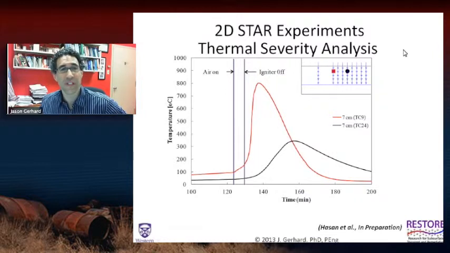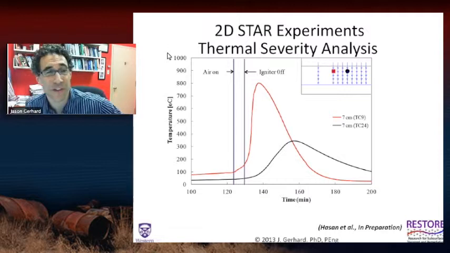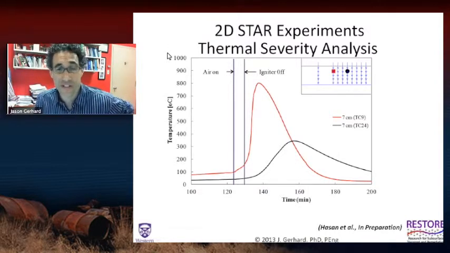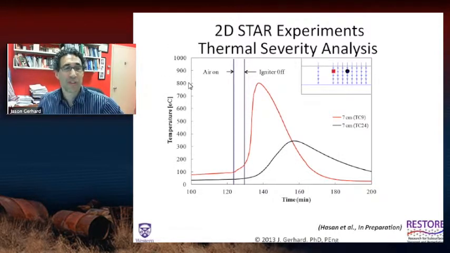Now, what we're doing here is what's called a thermal severity analysis. It's a very interesting type of analysis that you can do on these data. What we do is break this temperature regime into 50-degree increments, and we classify each location by the peak temperature it reached and how long it spent at that peak temperature. So, for example, here are the 2 peak temperatures.